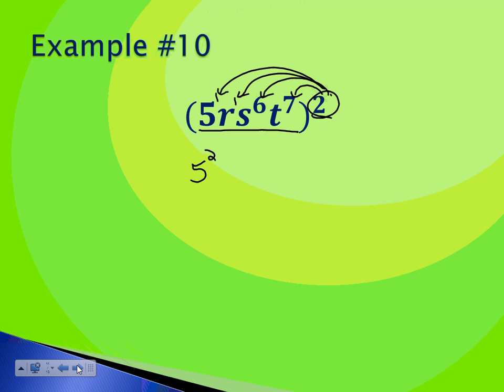Make sure the base stays the same and you take it to the 1. Okay? 2 times 1, R to the 2nd, 2 times 6, S to the 12th, 2 times 7, T to the 14th. Am I done? What can I do? 5 times 5, which is 25. R squared, S to the 12th, T to the 14th.